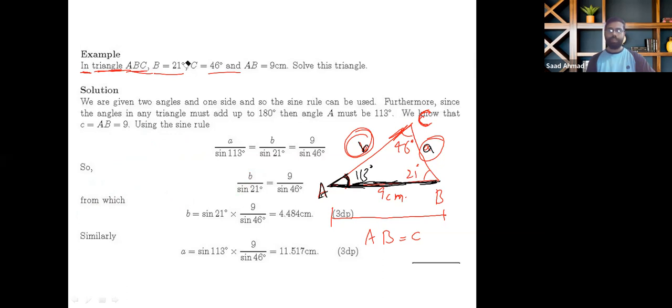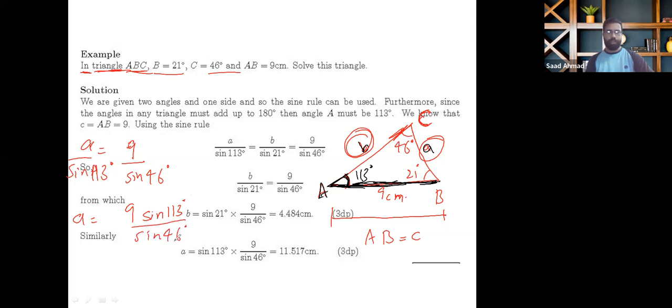A over sine 113 equals 9 over sine 46. So A is equal to 9 times sine 113 over sine 46. Then you need to use your calculator.